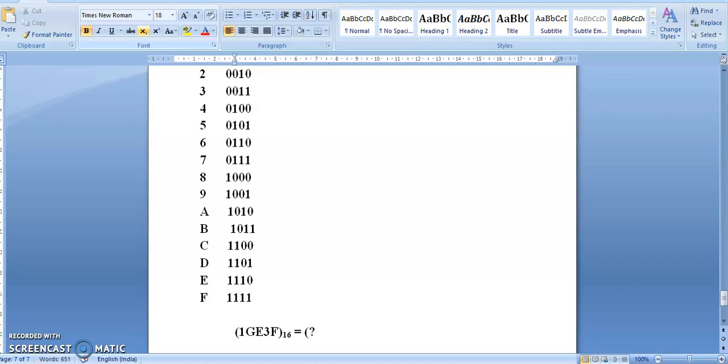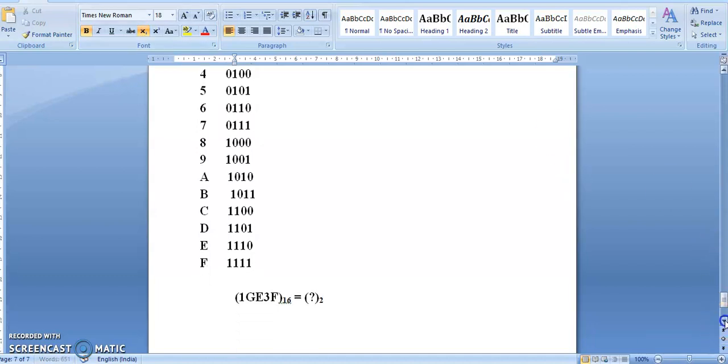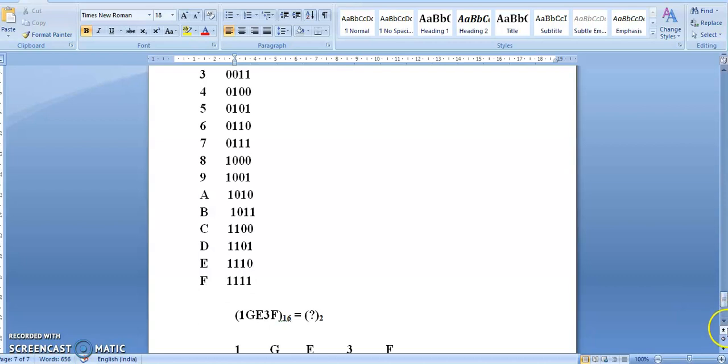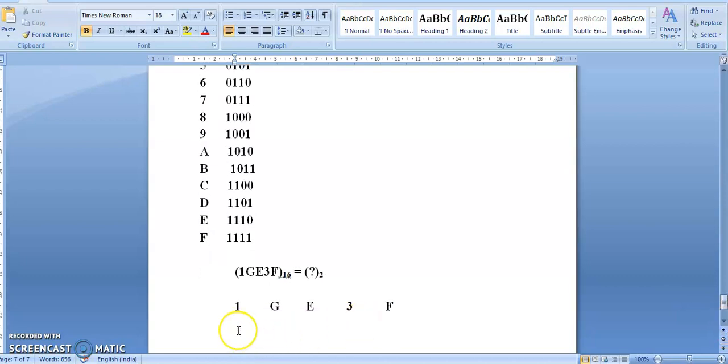Each hexadecimal digit consists of a 4-digit binary code. So 1 means 0001.